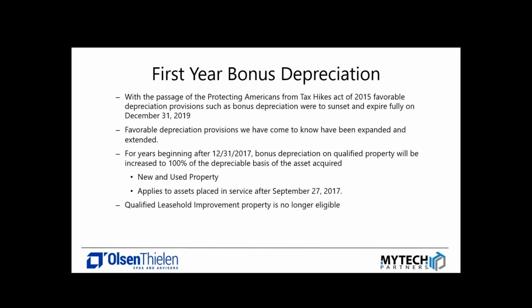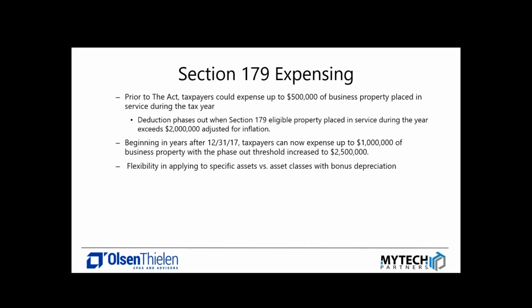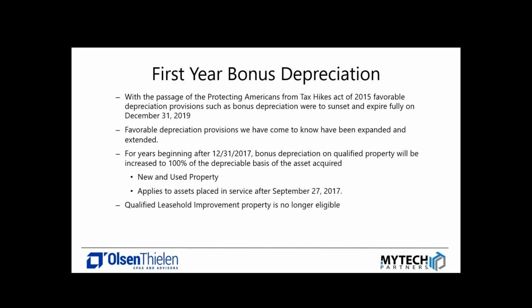Before the Tax Reform Act, it was set to fully expire at December 31st. But after the passing of the tax reform bill, it has been expanded until, I think, 2025 or 2026, another 8 or 9 years. And it's even been enhanced.